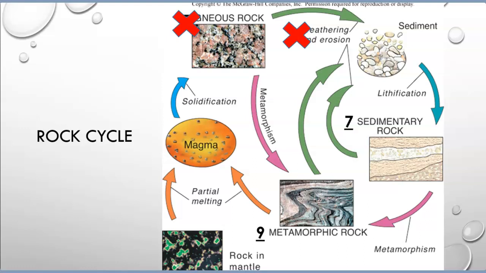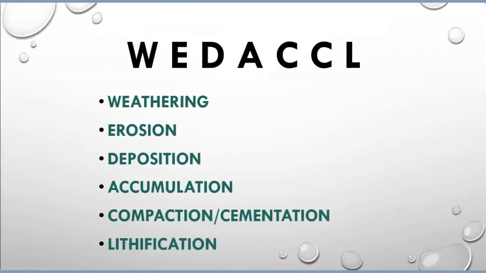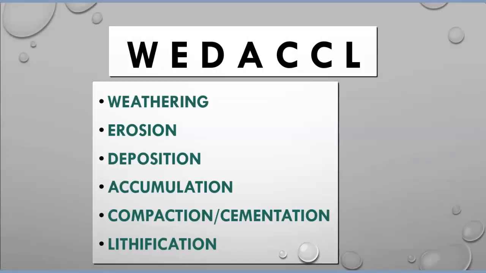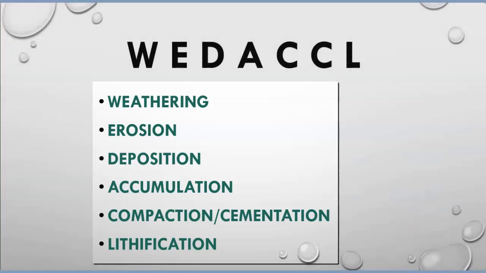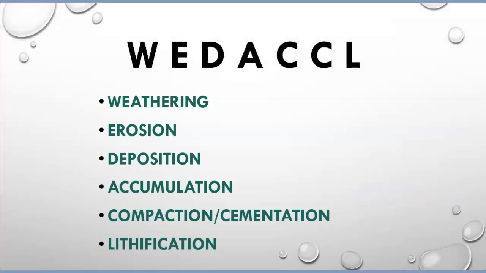How do sedimentary rocks fall into the rock cycle, you ask? Well, other rocks are weathered to create the material, sediment or ions, that comes together to form a sedimentary rock. I call this process wedackle, which stands for weathering, erosion, deposition, accumulation, compaction/cementation, and lithification. Weathering and erosion we covered.